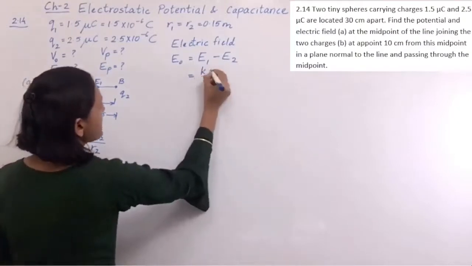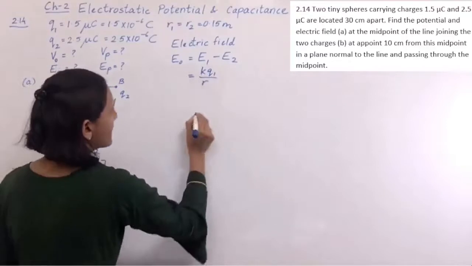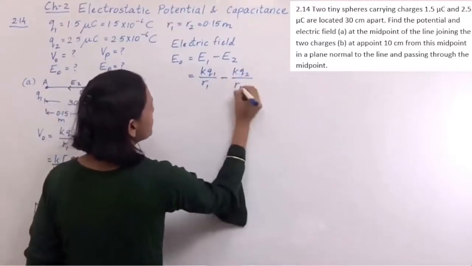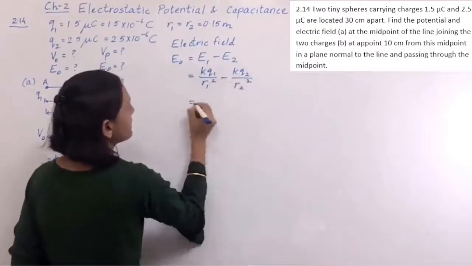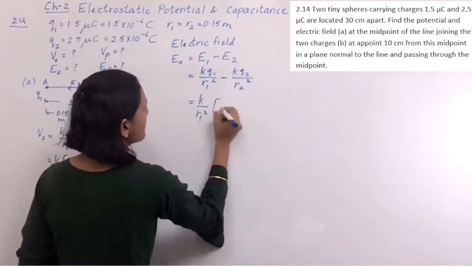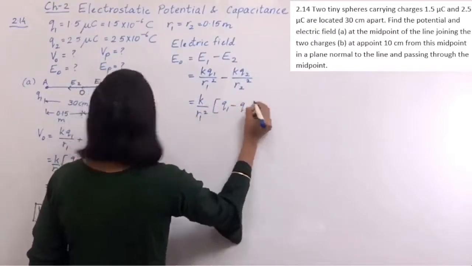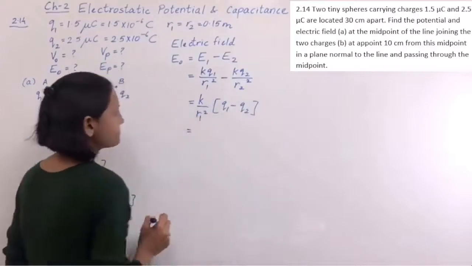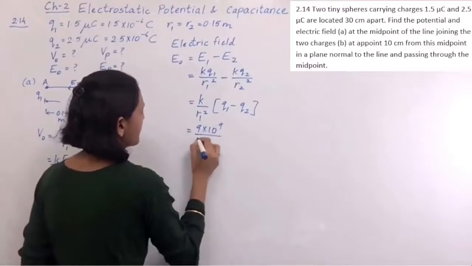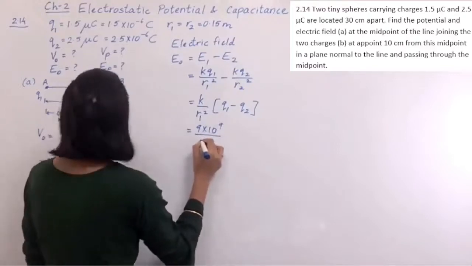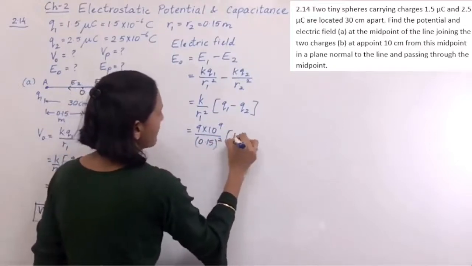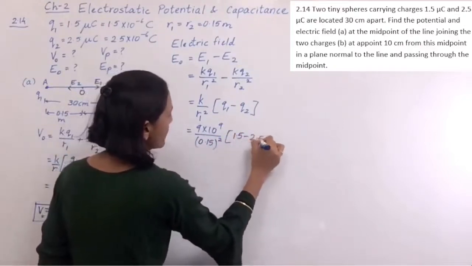So E1 is kQ1 by R1 square and E2 is kQ2 by R2 square, which equals k by R1 square times Q1 minus Q2, equals 9 into 10 raised to 9 upon 0.15 square, and 1.5 minus 2.5.